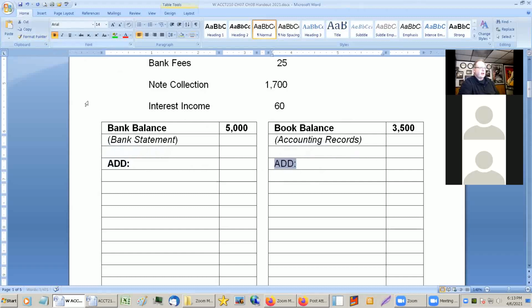So there's things that we might add to each side, and there's also things that we might take away from each side. Because right now they're whatever $1,500 apart, and at the end they're going to be the same.